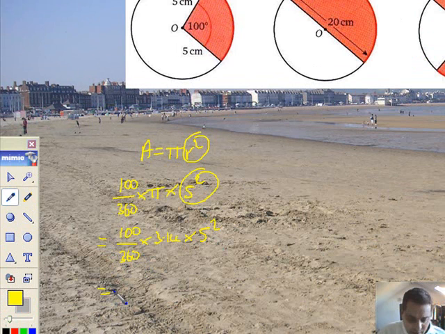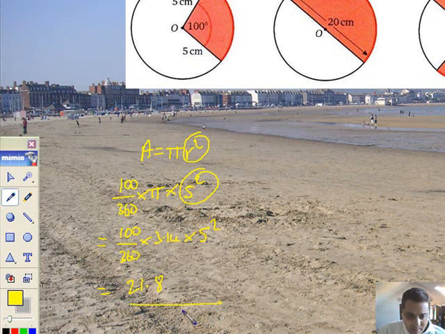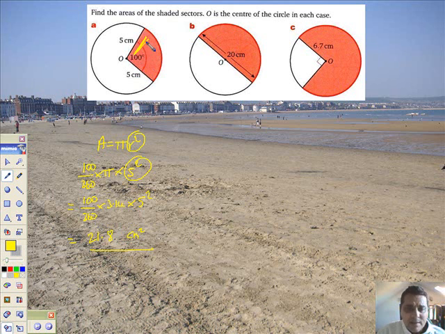Just punch this into our machine. 100 over 360 times 3.14 times, well, 5 squared is 25, so I'll just put it in. 21.8, and being an area, we're looking at centimetres squared worth of pizza. So all that area there is 21.8 centimetres squared.